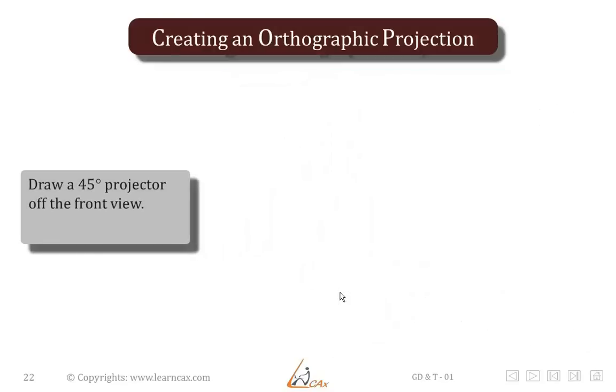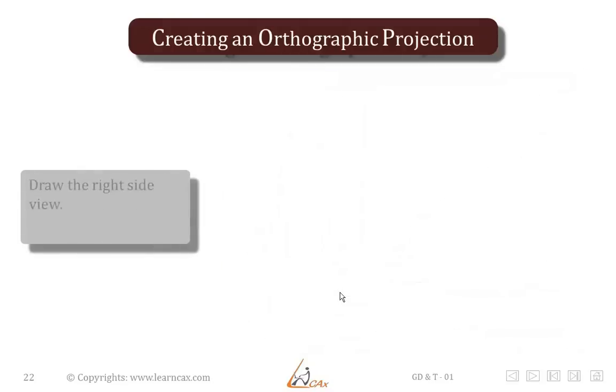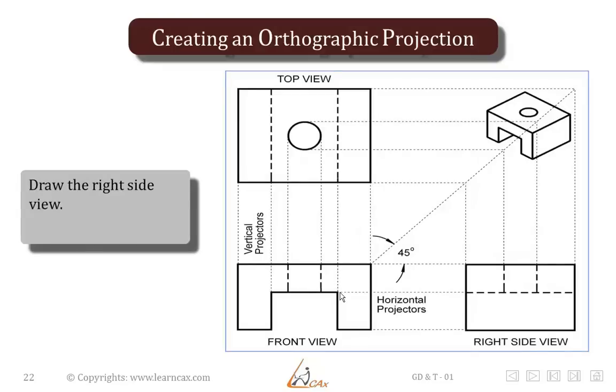Now we have to draw a 45-degree projector of the front view. The interesting part of it will be understood now. Draw the right side view. So the horizontal projections coming out from the top view turn by 90 degrees from the 45-degree line, and hence give us the right hand side view, which is created with the intersection of the projectors from the top view as well as from the front view.